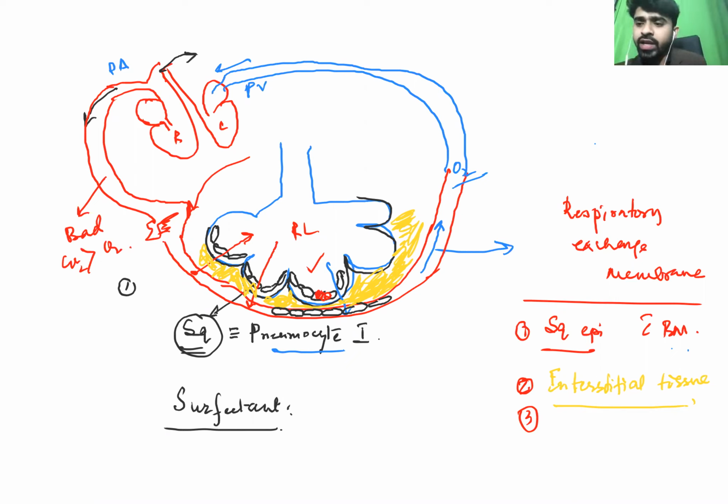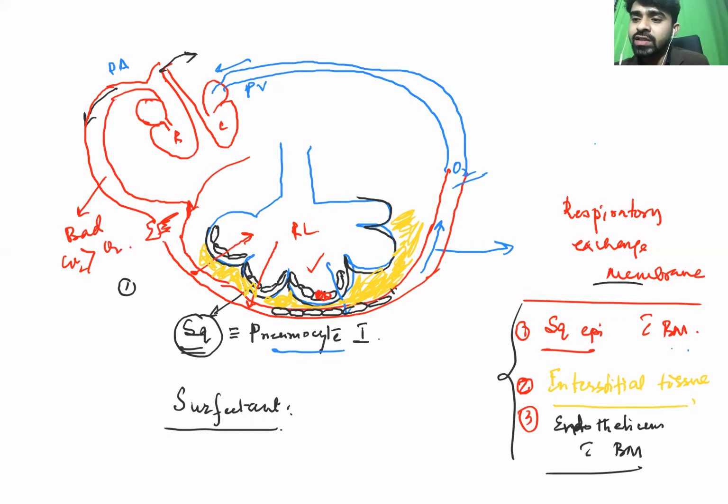Endothelium. Very good. With basement membrane. So I can write another epithelium of the blood vessels, and the name of the epithelium of blood vessels is known as, beta? Endothelium. Endothelium is the epithelium of the blood vessels, which is again with basement membrane.